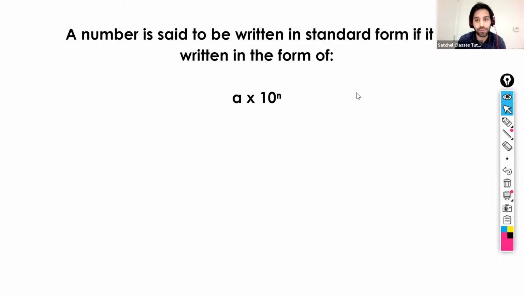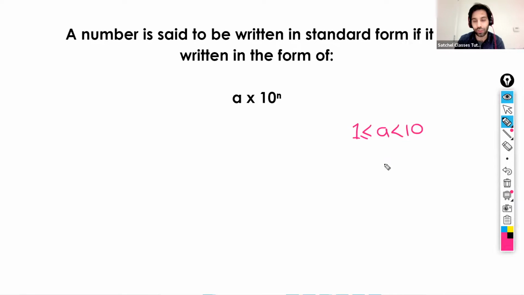Now, a number is said to be written in standard form if it is in the form of a times 10 to the power of n. A is any number between 1 and 10. This is a key fact to remember. A is equal to or larger than 1, but less than 10.